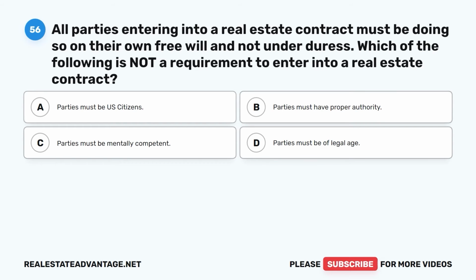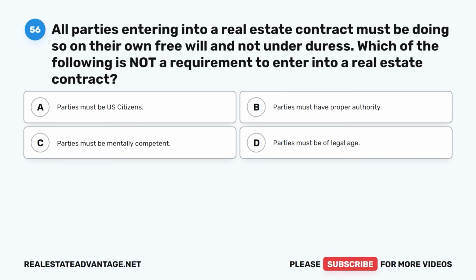Question 56. All parties entering into a real estate contract must be doing so on their own free will and not under duress. Which of the following is not a requirement to enter into a real estate contract? A. Parties must be U.S. citizens. B. Parties must have proper authority. C. Parties must be mentally competent.